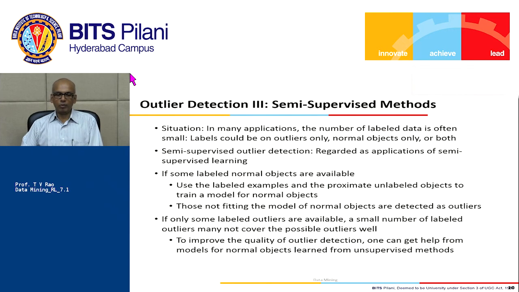And sometimes we go with semi-supervised methods. Here the labels are going to be few, and only for outliers we give the labels, and for the normal data we don't bother.